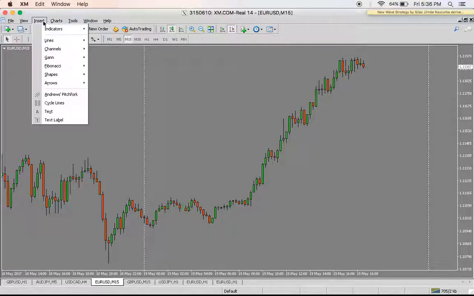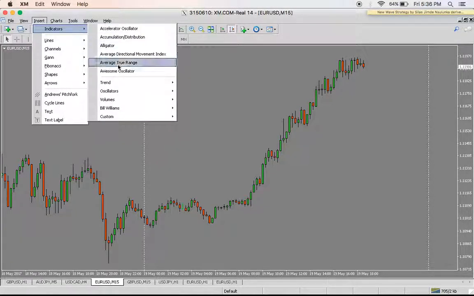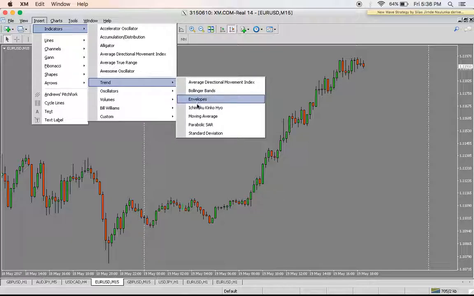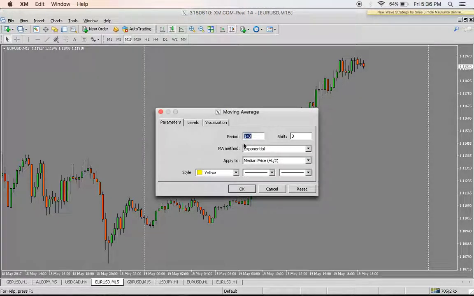So I have removed them, but let me just put them back on. You just come to insert indicators, trend, and moving average. And there are EMAs, so exponential moving averages. The MA method, the moving average method, should be exponential.